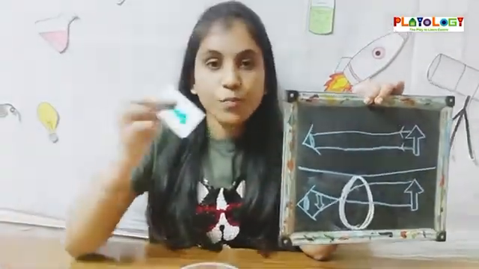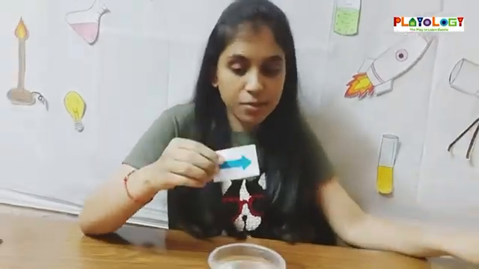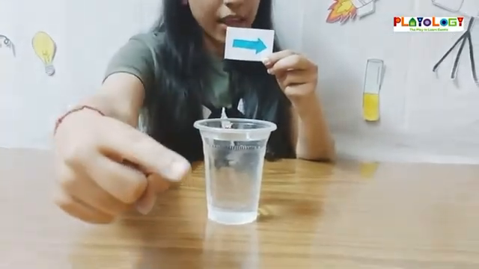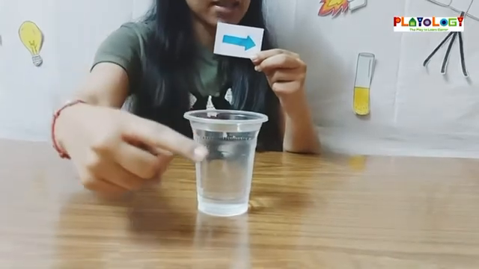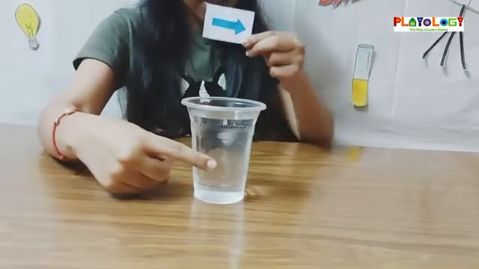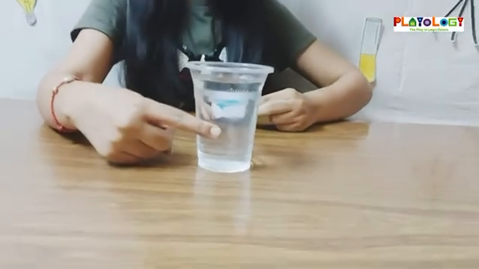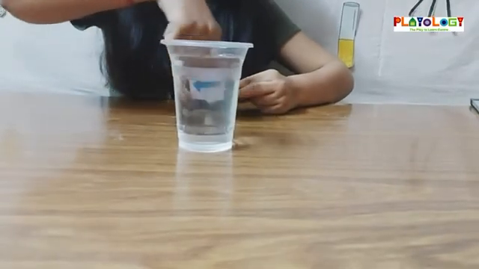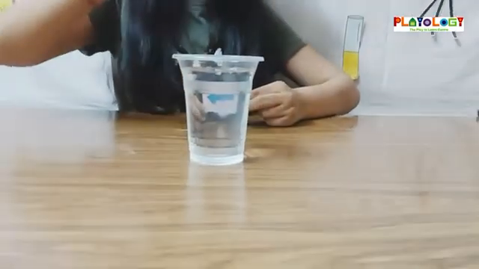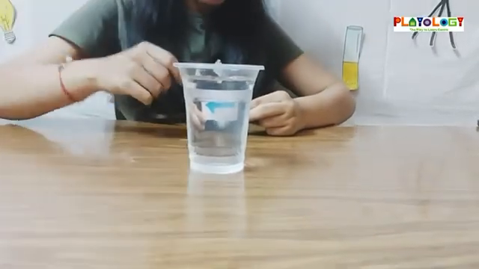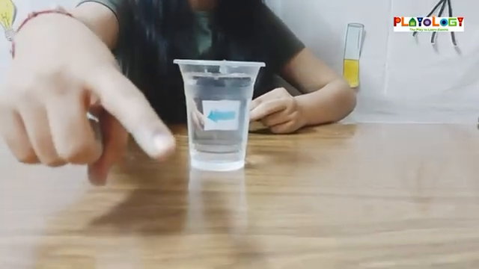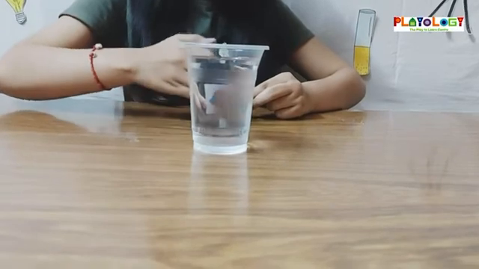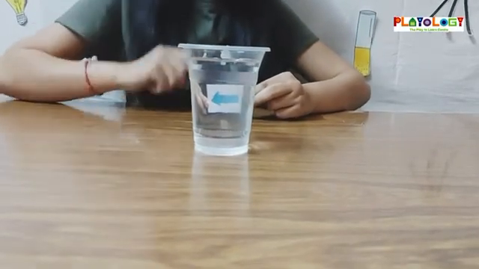Now when you see from there, the ray of light passes through the water, and as the arrow is behind, it will pass through the water and come out. Here I have air, so it will bend two times. The light will bend inside, and again it will bend, and so the arrow looks inverse.